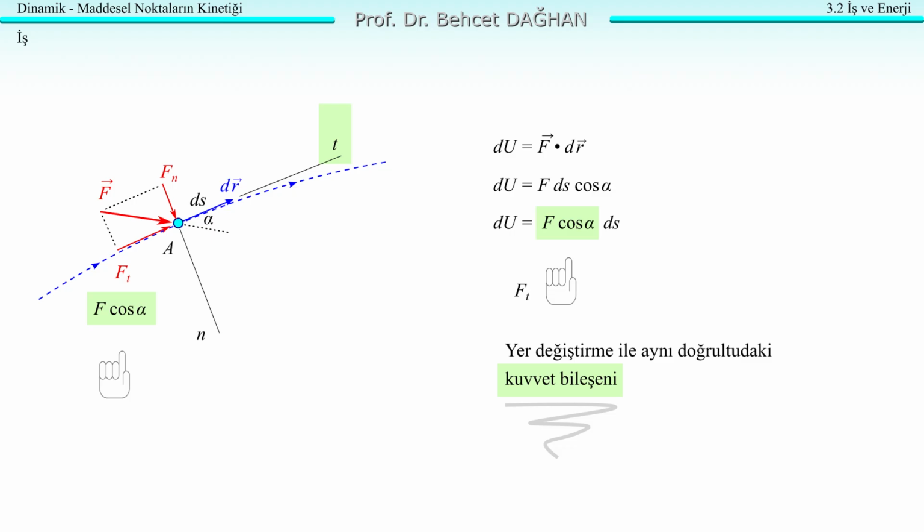So how do we find the work done by a force? This is the second alternative. We find it by multiplying the tangential component of the force by the magnitude of the displacement. We can find it that way too. Let's move on. Now, what does this result tell us?